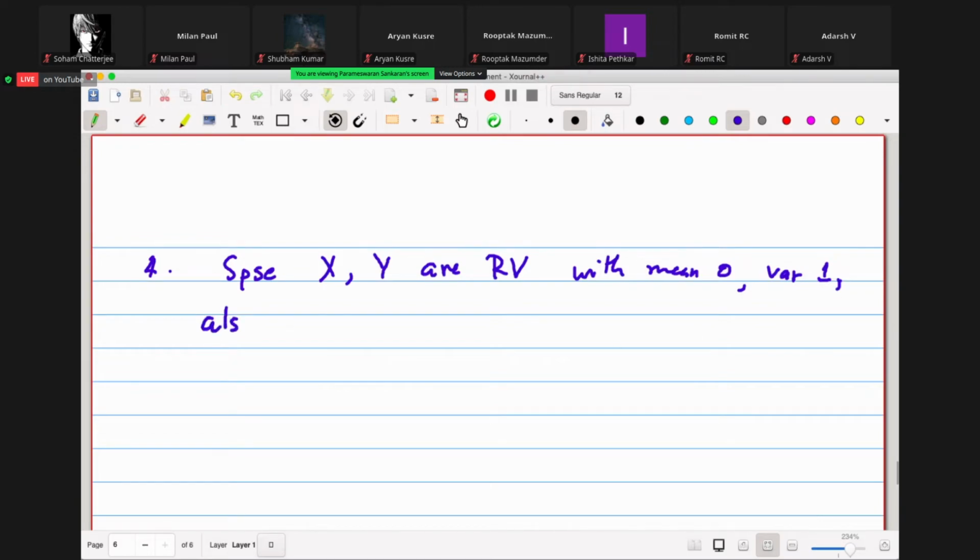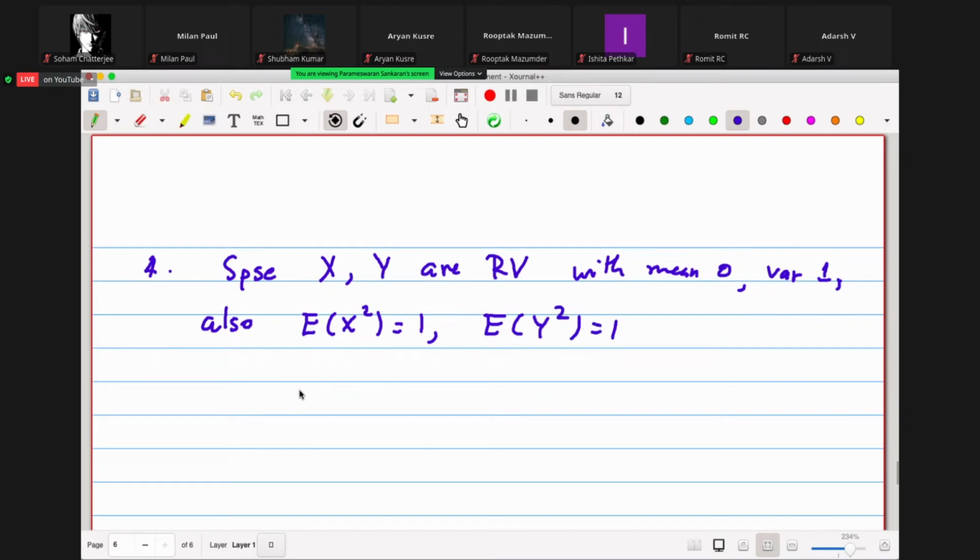Also, expectation of x square is equal to 1. Expectation of y square is equal to 1.